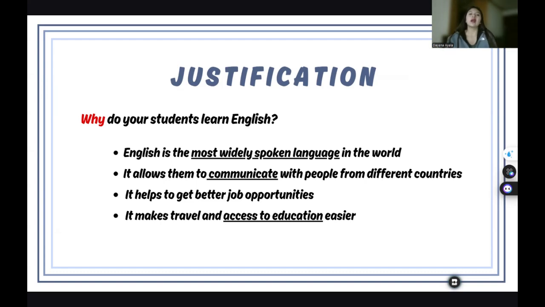When I have this justification, I identify the keywords that help me identify the reasons. For example, it is the spoken language, it helps to communicate, and it gives them access to a better education. So I know that is the reason, and I need to try to create my curriculum based on this too.